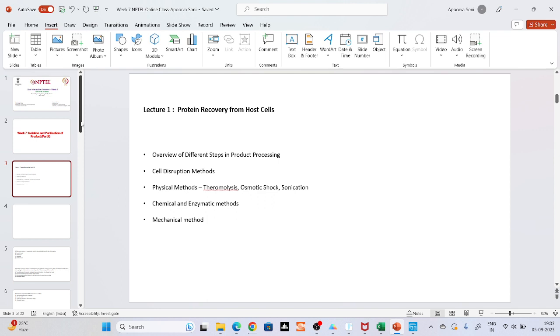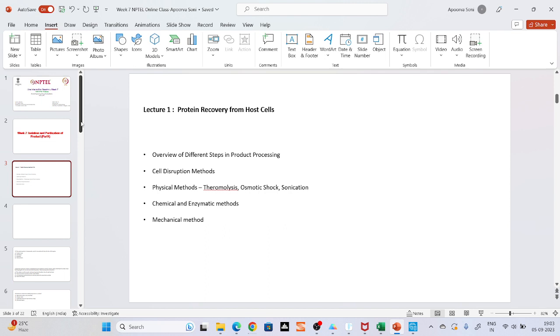Up till now we have studied genetic engineering: suppose we want to make a drug, we have studied how to create a genetically modified cell, how to introduce a foreign insert into a vector, and then how to express it so that we can have the protein products.